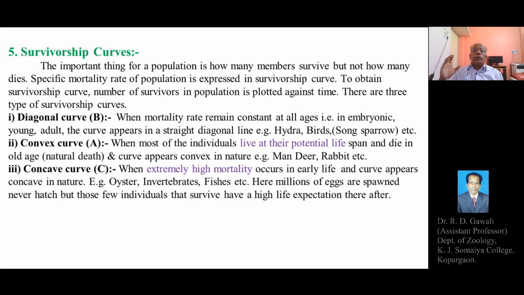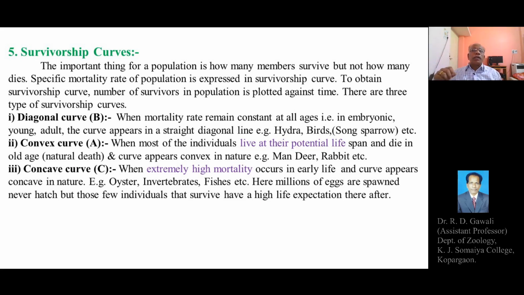But among a population, the important point is that instead of thinking over the natality or mortality, it is essential to think about how many individuals or organisms survive, or how many members of the population survive, but not how many die. So the important thing for a population is how many members survive, but not how many die.